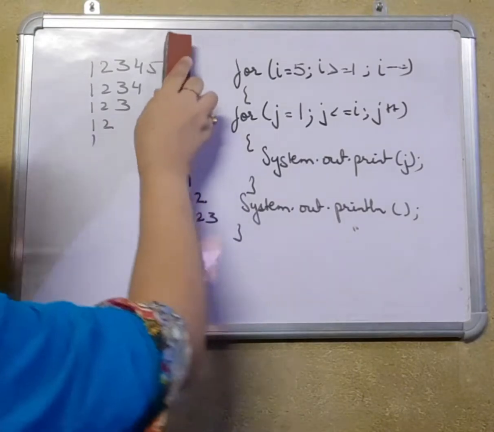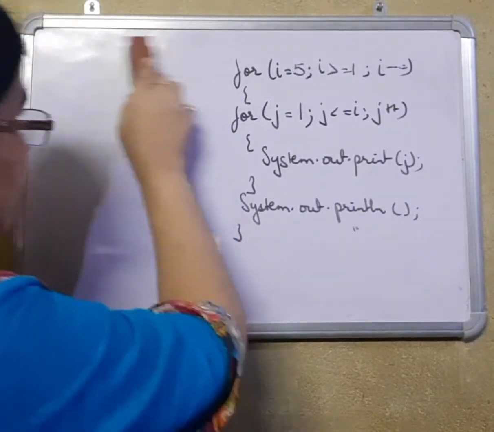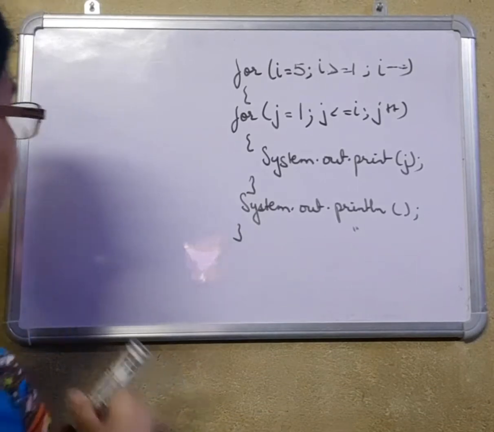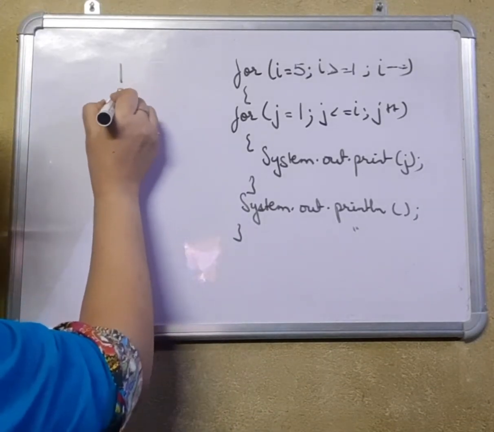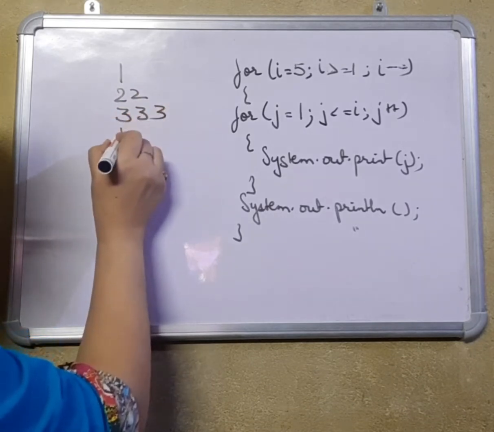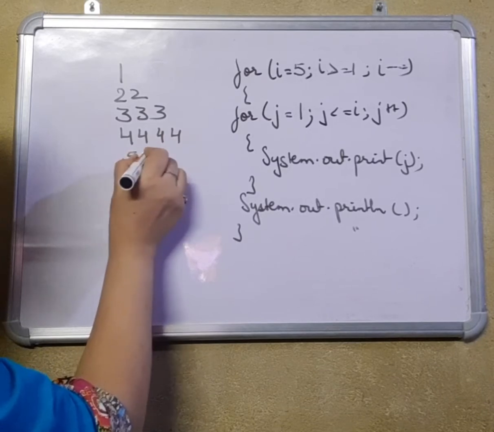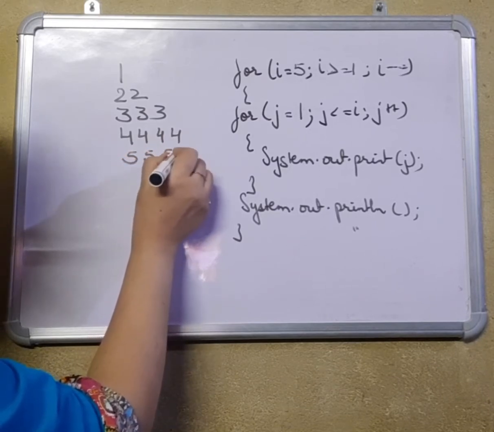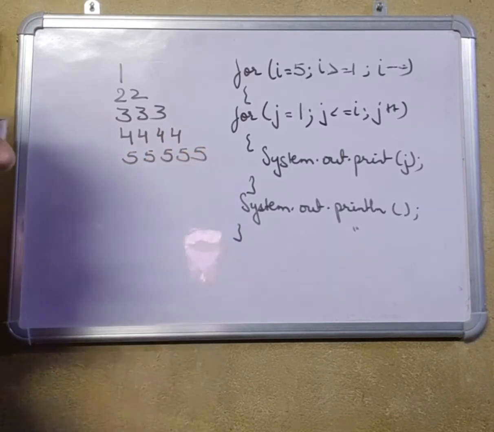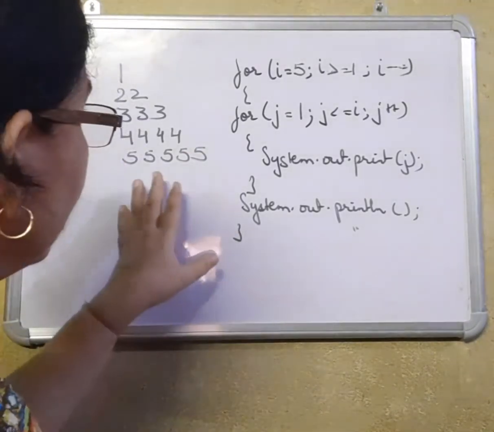Now let's look at alphabetic patterns. So before alphabetic patterns, let's look at this pattern. To print this pattern, what do we have to do?